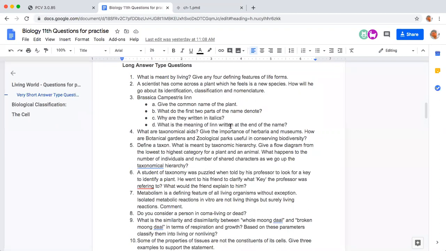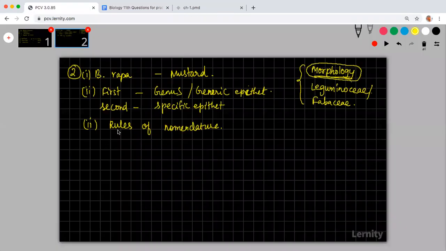What is the meaning of the Linn written at the end of the name? It indicates the scientist who classified it.